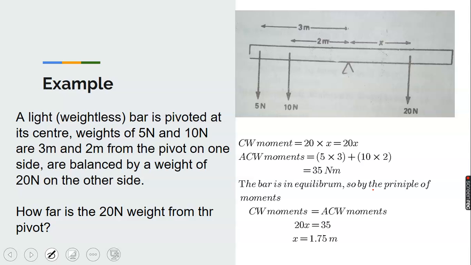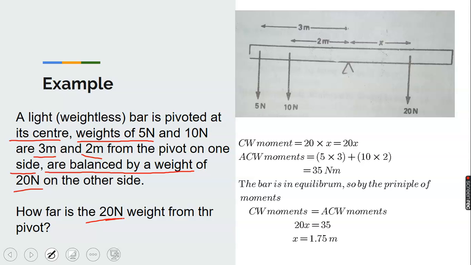Now look at this example. A light bar is pivoted at its center. Weights of 5 Newton and 10 Newton, at 3 meters and 2 meters from the pivot on one side, are balanced by a weight of 20 Newton on the other side. How far is the 20 Newton from the pivot?